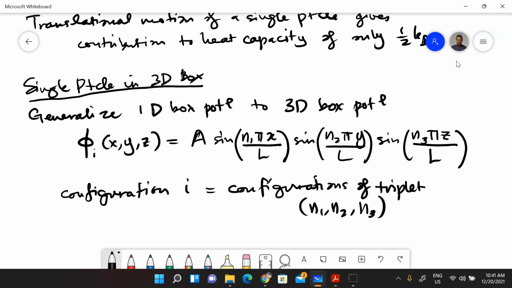You have to figure that out, and also if you remember, there is the possibility of degeneracy in here, so you have to take that into account.